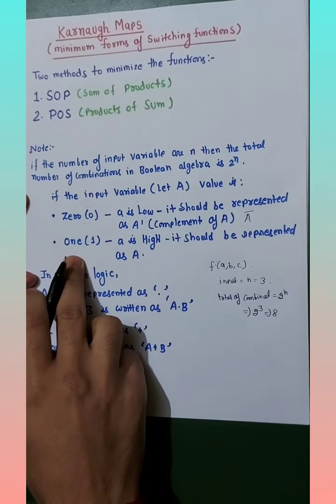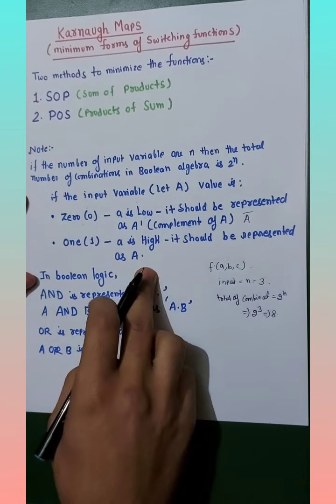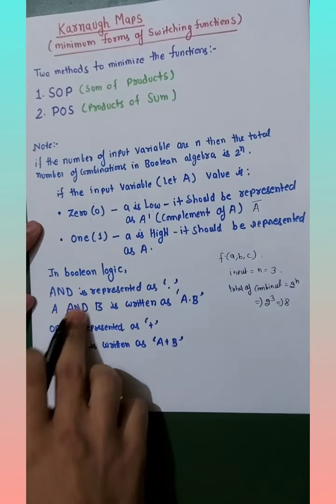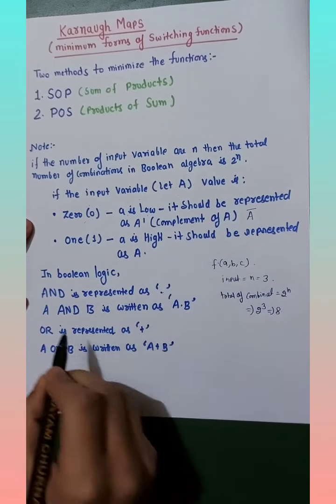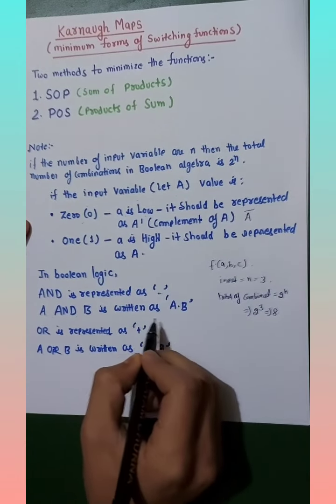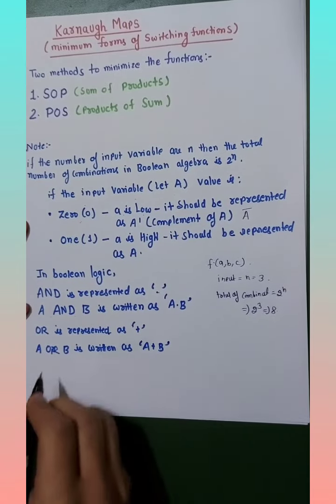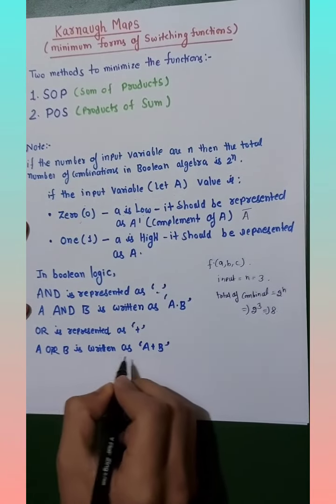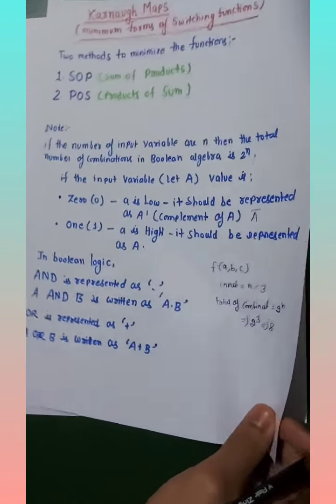If it is 1, a is high, and it is represented as a. In Boolean logic, AND is represented as a dot product, and a AND b is written as a dot b, OR is represented by the plus sign, and a OR b is written as a plus b. Let us see some examples, then we will learn about the SOP.